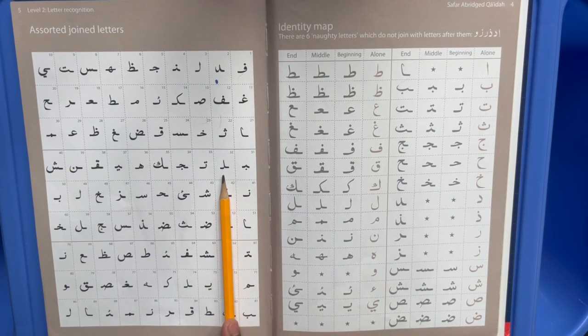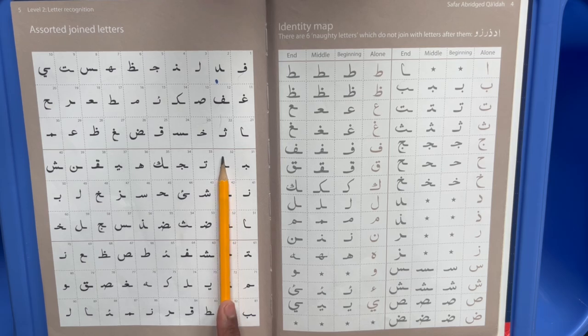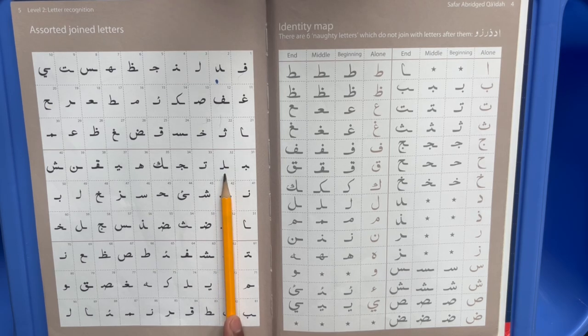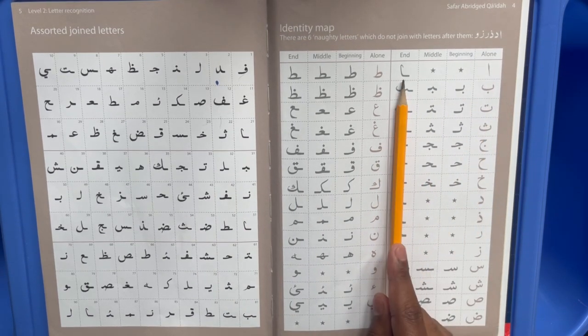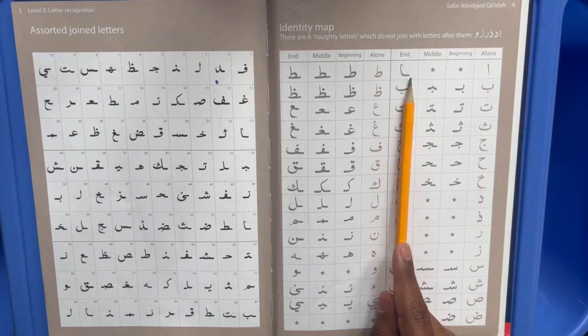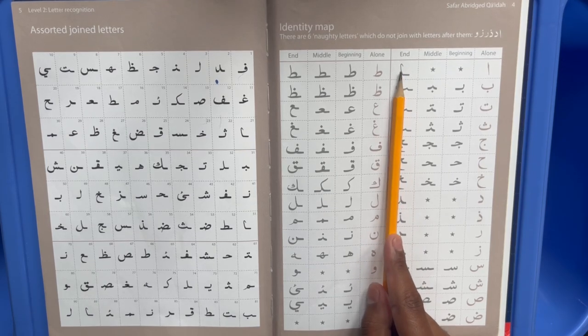Here, this could very easily be mistaken, a person might think that it is alif because it is straight, whereas alif can only ever be either alone or at the end, joined to something before it, and then there'll be nothing after the alif.